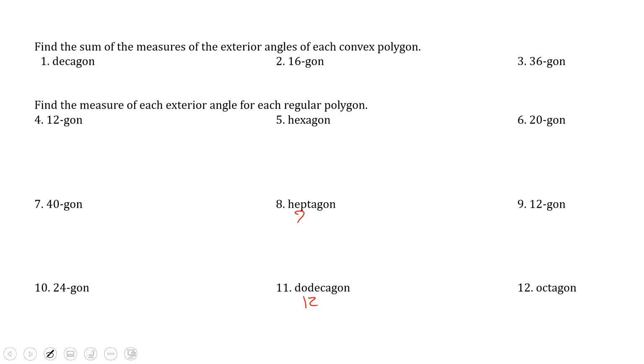Okay, so all we're doing is 360 divided by whatever the number of sides is, so 12. These are 30.